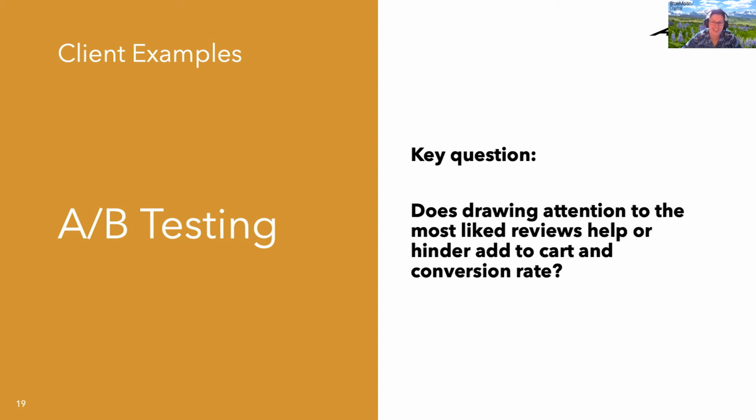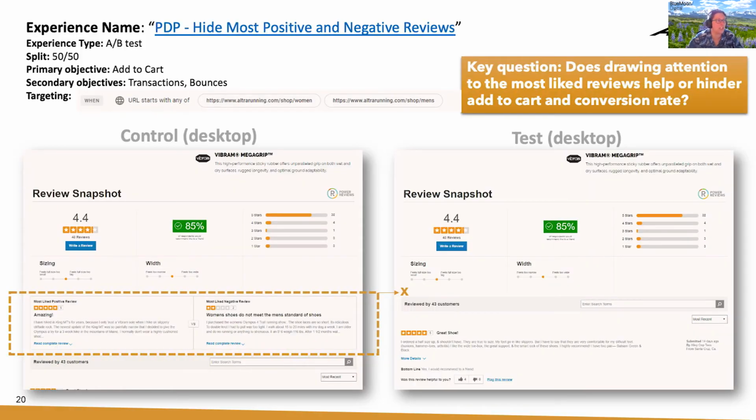So we hypothesized that drawing attention to the most liked reviews might actually hinder the conversion rate. I'll show you an example here. On their website, they use the default implementation of Power Reviews. Power Reviews by default will give you this review snapshot, which includes a little section here of the most liked positive review versus the most liked negative review.